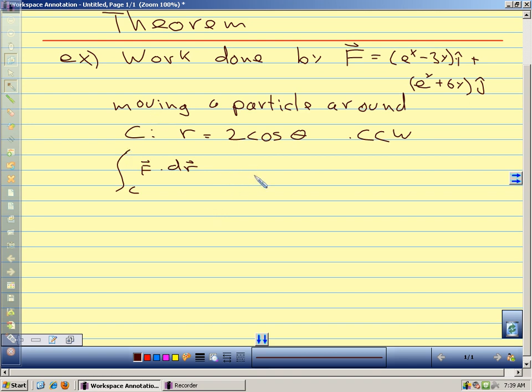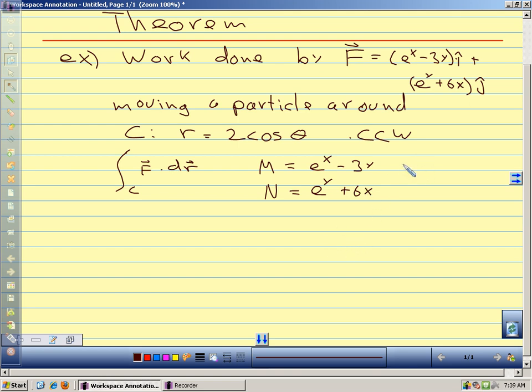So in this case, our M is e to the x minus 3y, and N equals e to the y plus 6, and I think this should be an x, 6x, yes, plus 6x.